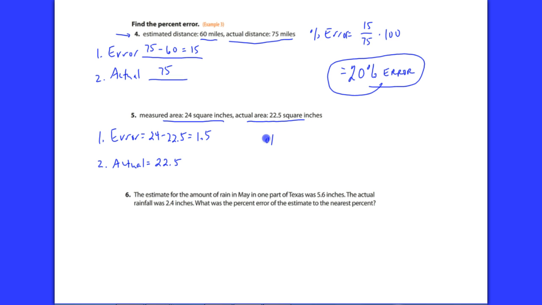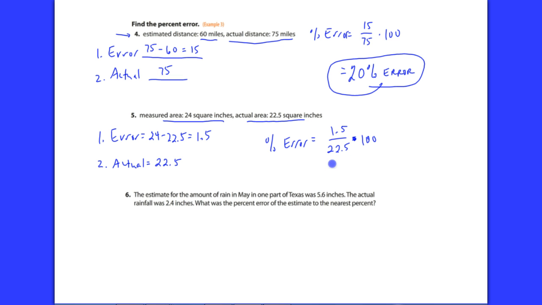So your percent of error would be the amount of your error, which was 1.5, divided by the actual amount, which was 22.5. Whoops, that's not equal, that's times 100. You divide that, multiply it times 100.